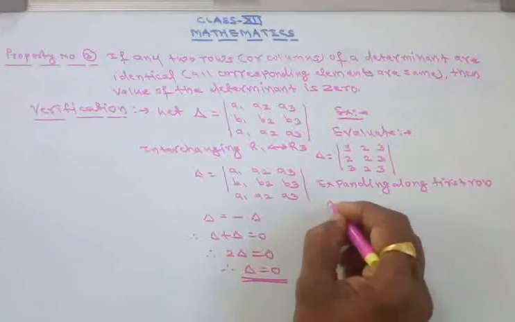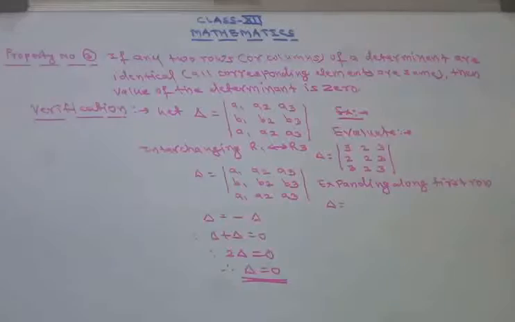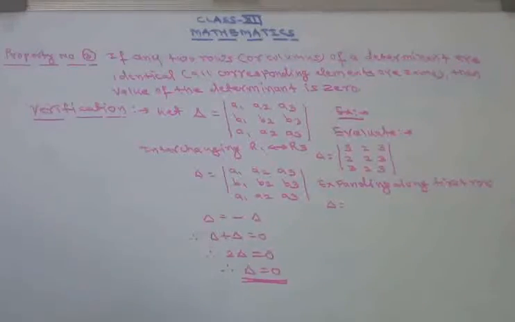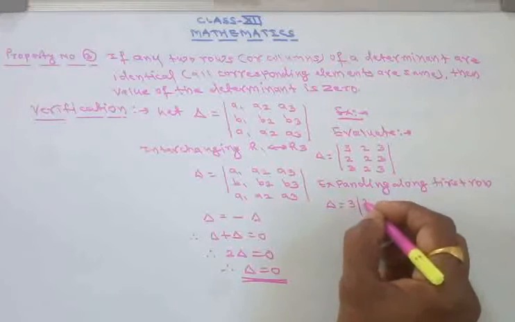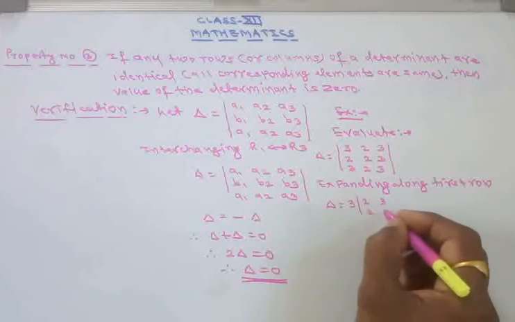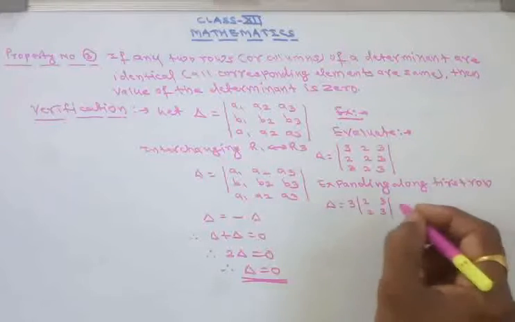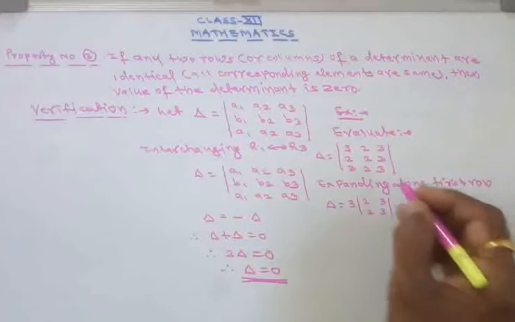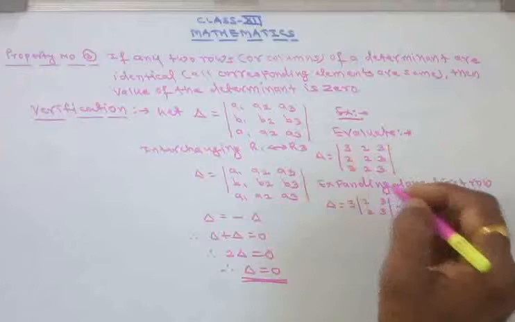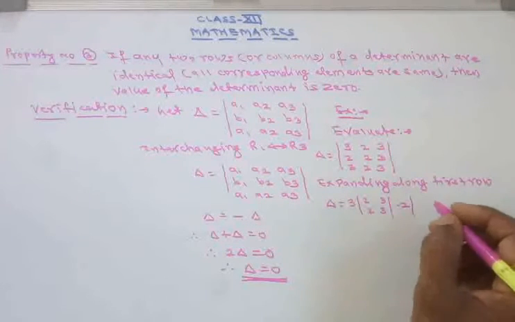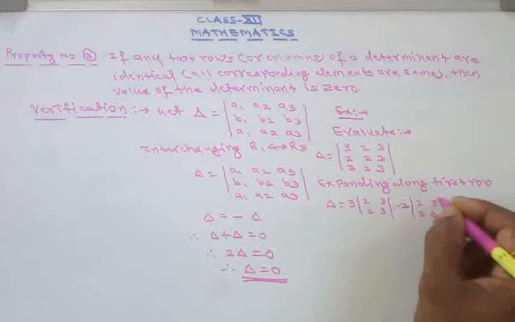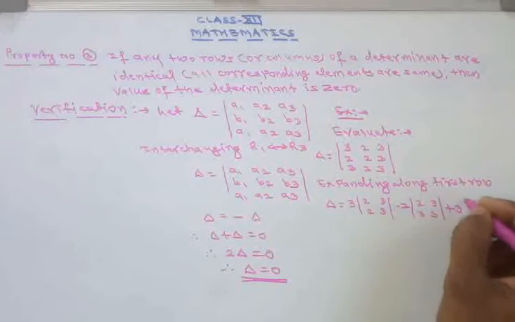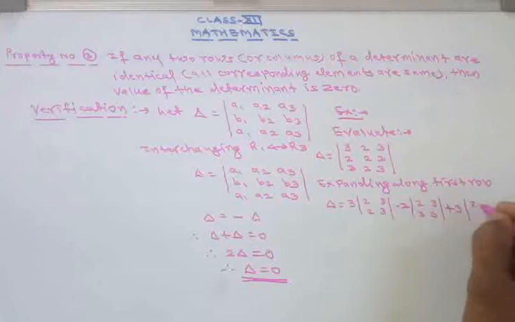So delta equals 3 into the determinant 2 3, 2 3, then minus 2 into, leaving this row and the middle column, the determinant 2 3, 3 3, then plus 3 into the determinant 2 2, 3 2.